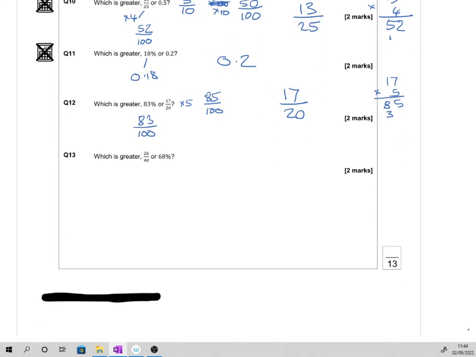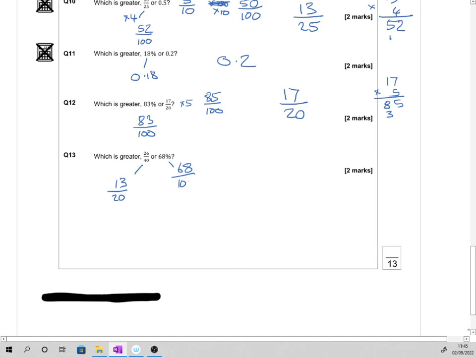Right, which is greater, 26 over 40 or 68 over 100? Let's have a look. Let's divide top and bottom by 2. So we've got 13 over 20. This is 68 over 100.